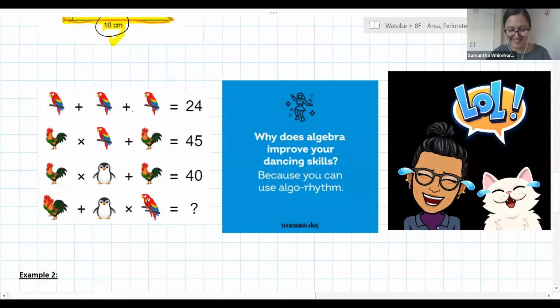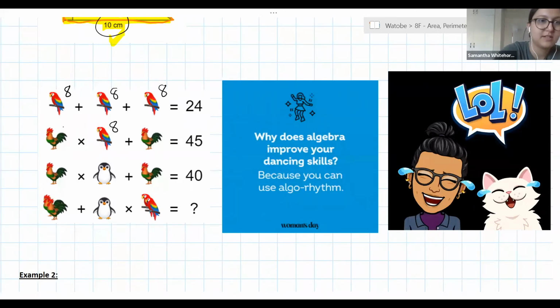So, ma'am, for the first one, I said 24 divided by 3. That gave me 8. So each of these parrots is 8. Then, ma'am, since I first have to start with multiplication for the second one, I said 8 times, starting from 1 to 3 until I got 8 times 5 gives me 40.